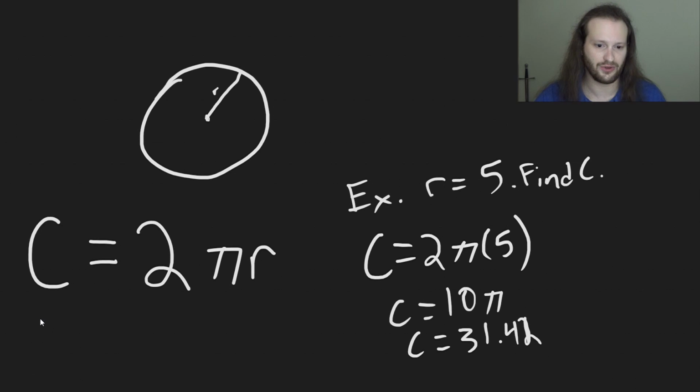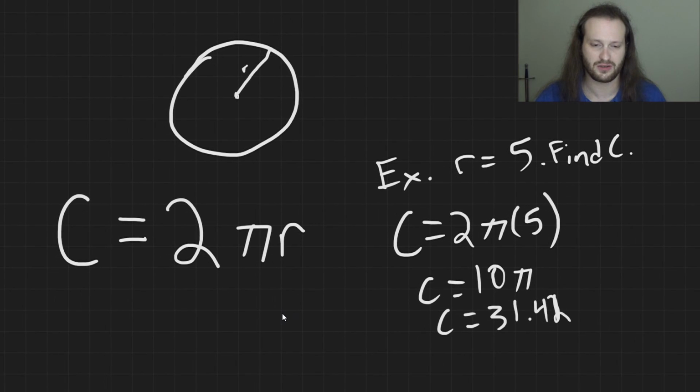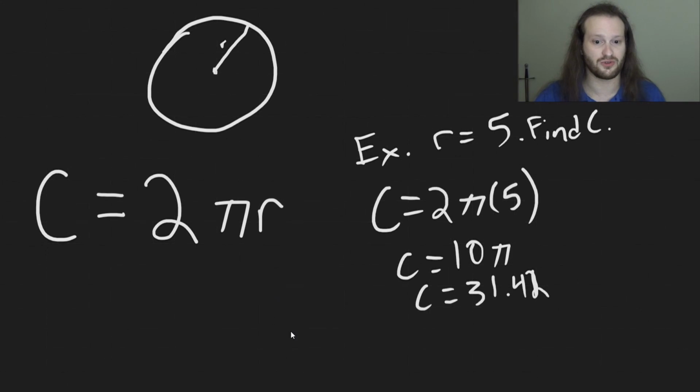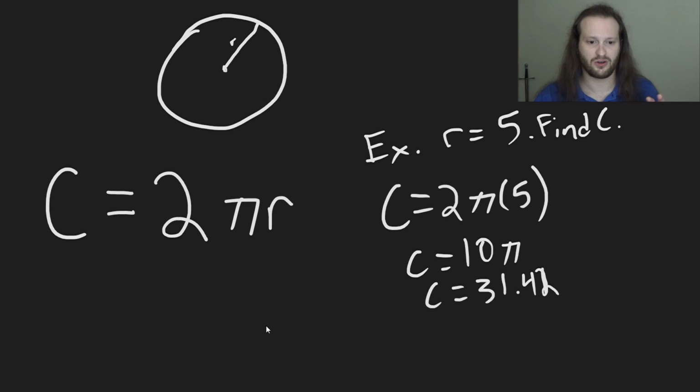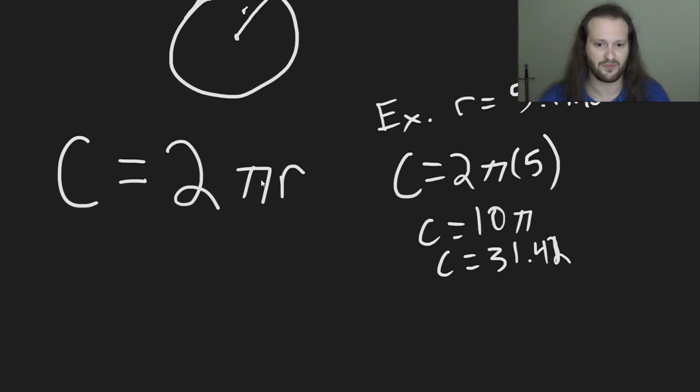That's cool and all, plugging in values into formulas like this. But what you can also do is solve for certain variables before you do any plugging in at all. So here I'm going to solve this formula for r, which means I want r all by itself.